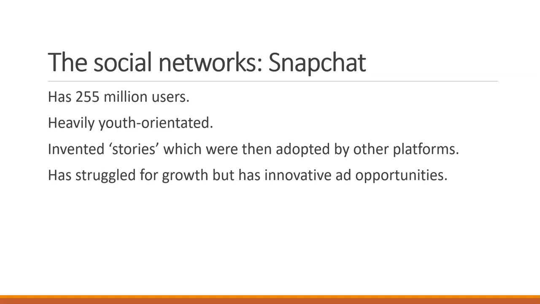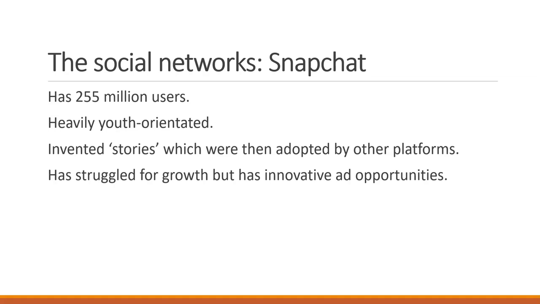Snapchat is heavily youth oriented. They invented stories, but many other platforms also picked up stories. You can do stories on Instagram and Facebook. They have struggled for growth, mostly because they draw in a much different target audience than some of the other platforms do. But if you're focused on a youth market, then Snapchat is one of the places that you should be on.